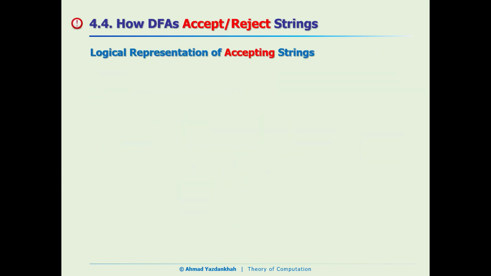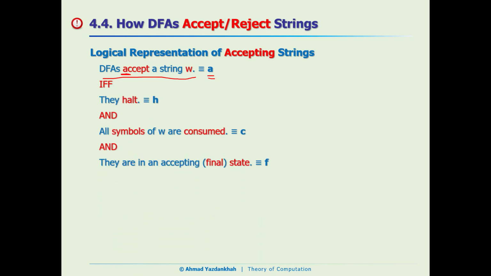Now the question is when a machine accepts or rejects a string. Here is the logical representation of accepting. First, we focus on accepting. DFAs accept a string W. We represent it with A, which is the first character of accept, if and only if three conditions are satisfied.